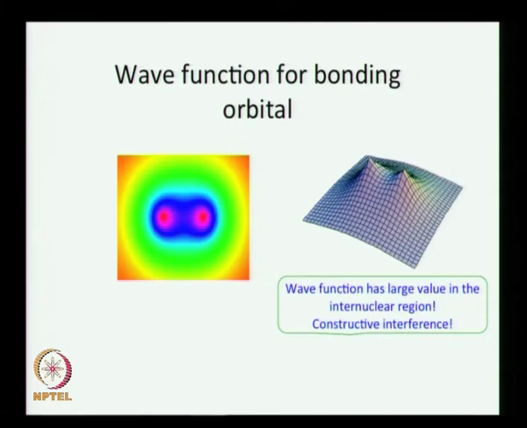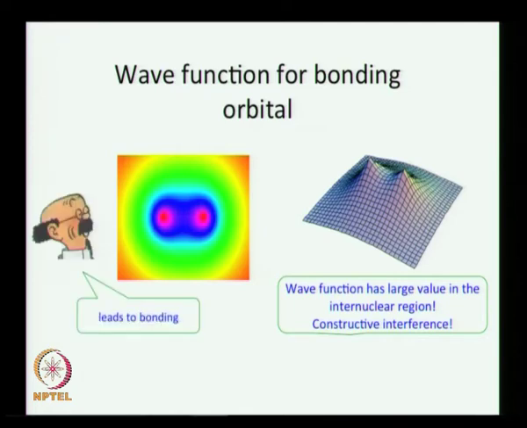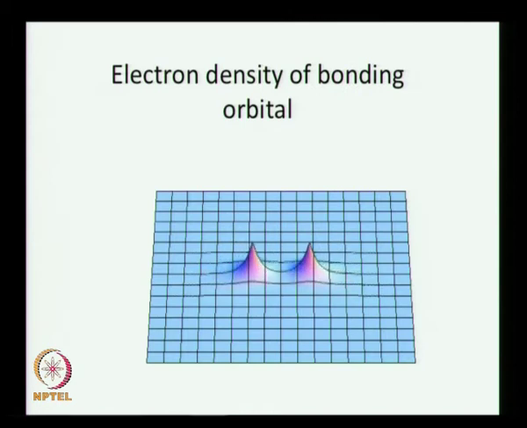In comparison with this, or maybe before going into that, let us look at what happens to the electron density as the two nuclei are coming together. This is an animation that I have created.